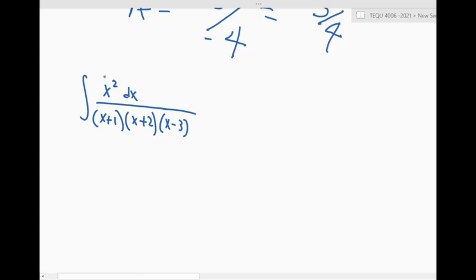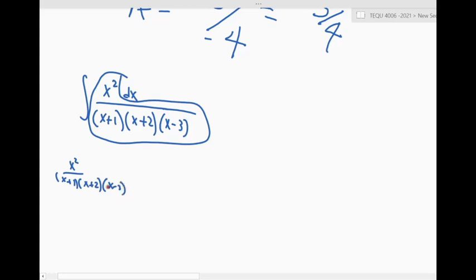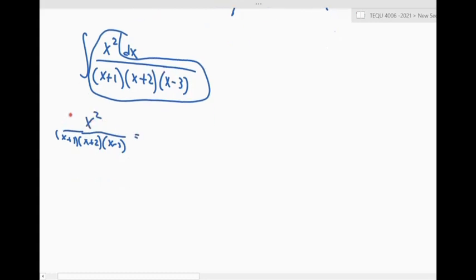I can break this function in partial fraction, meaning that x squared over x plus 1, x plus 2, x minus 3 can be broken into A over x plus 1, B over x plus 2, and C over x minus 3.